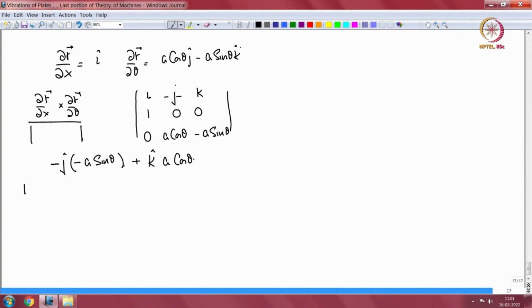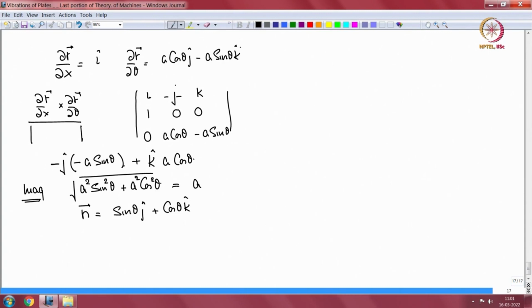Then the magnitude: square root of a square sin square theta plus a square cos square theta, which is equal to a. And therefore the normal n is given by sin theta j plus cos theta k.